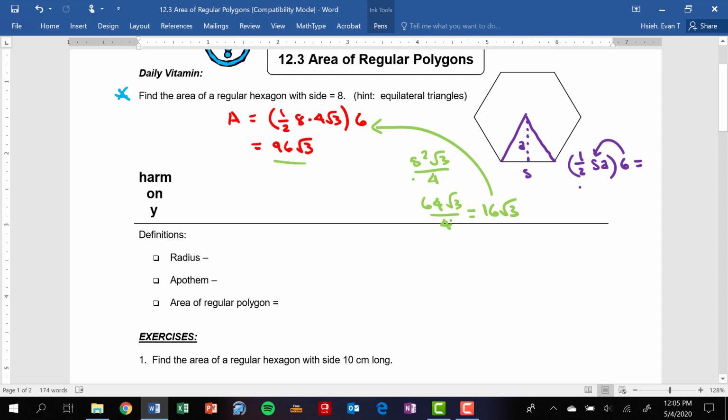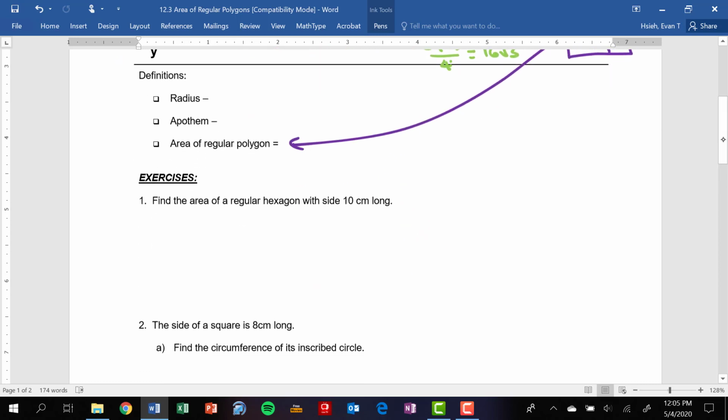And so the final formula is going to be 1/2 still there, the apothem is still there, and 6 times the side, or the number of sides times the length of a side, is just going to be the perimeter. So the formula for the area of a regular polygon is also 1/2 the apothem times the perimeter. If I want to use that, let's use that in an example problem.